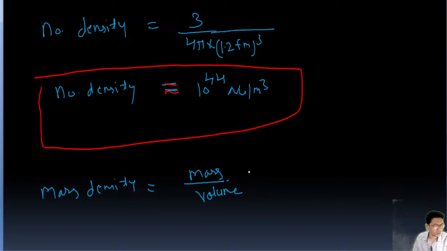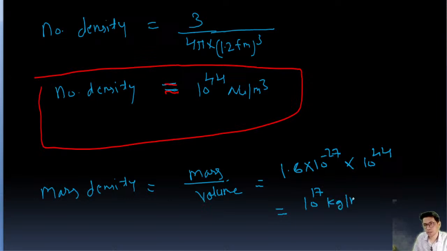The mass of one nucleon we know is 1.6 into 10 to the power minus 27 kg, multiplied by the number density, the number of nucleons per meter cube, that is 10 to the power 44. So this value is going to be 10 to the power 17 kg per meter cube. So this is the mass density, guys.